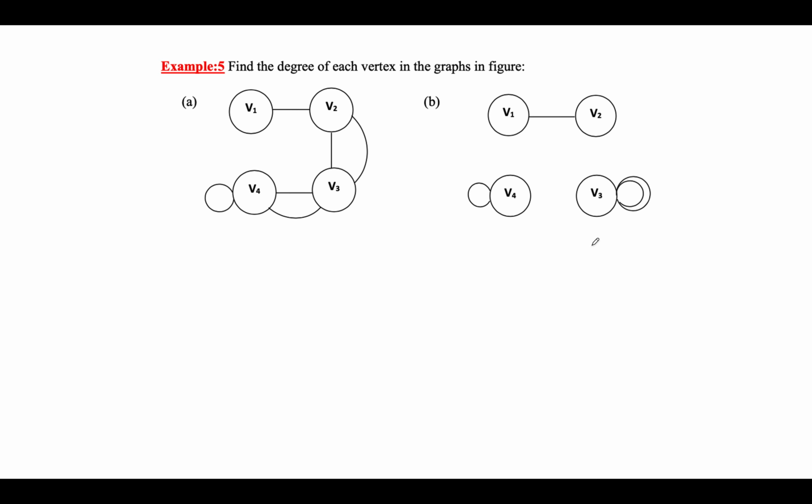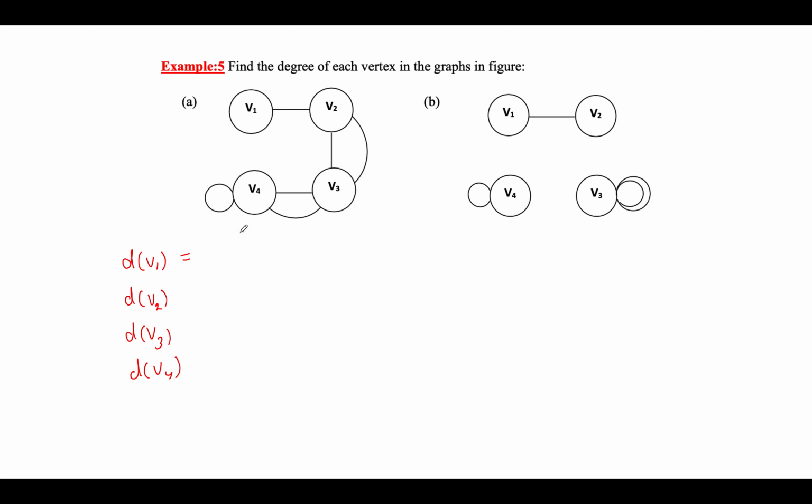All right. Another example is here. In this example, we got 2 graphs and we need to find the degree of each vertex in the graphs below. So here it's basically asked for the degree, so no need to define the graph itself. So we can see here that I got 4 vertices for graph A: V1, V2, V3, V4.